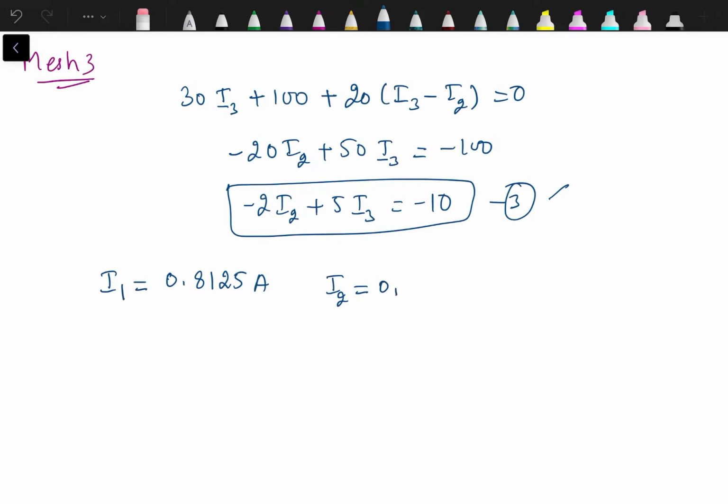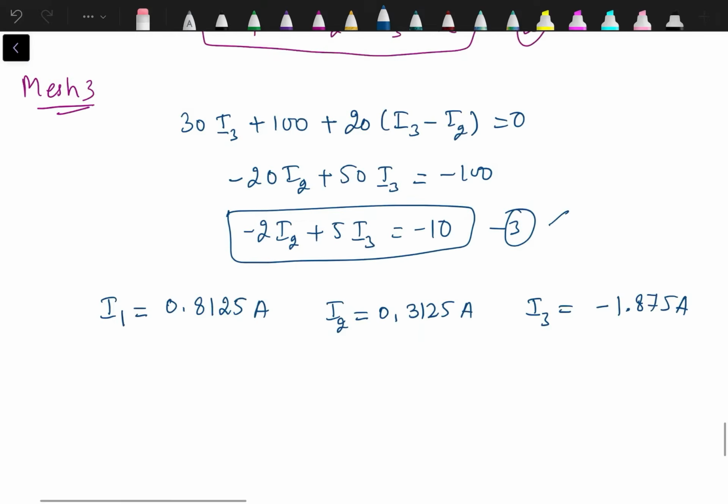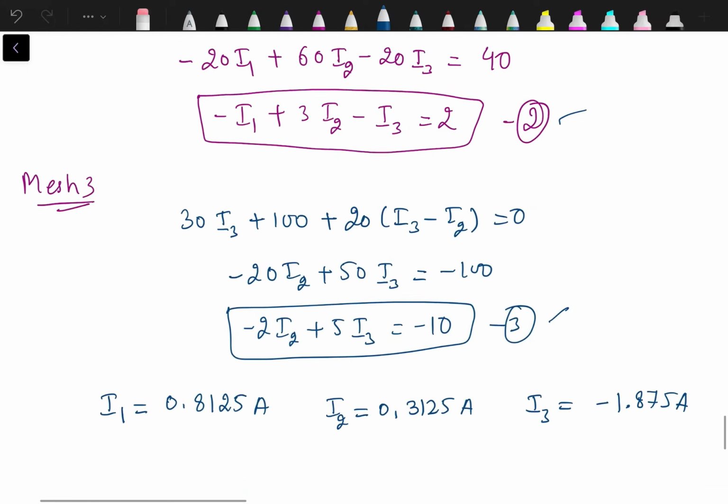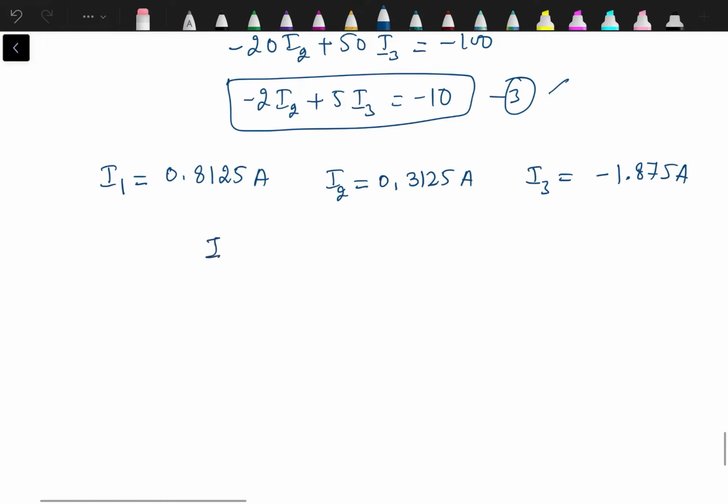I2 is 0.3125 ampere and I3 is minus 1.875 ampere. From here, I1 is flowing in this direction, ISC is also flowing in this direction. So I1 and ISC are the same. Short circuit current is equal to I1, which is 0.8125. So we got one answer, that is the short circuit current.